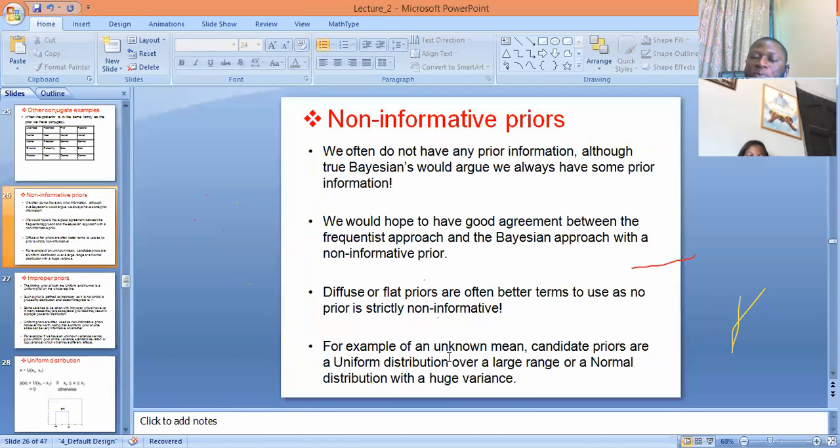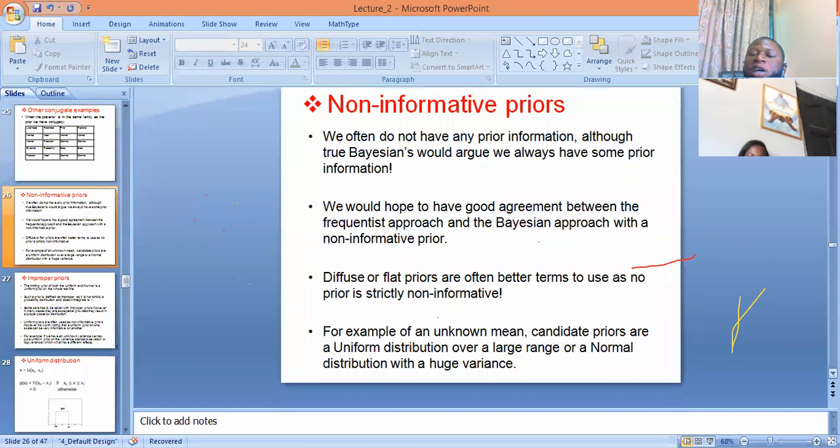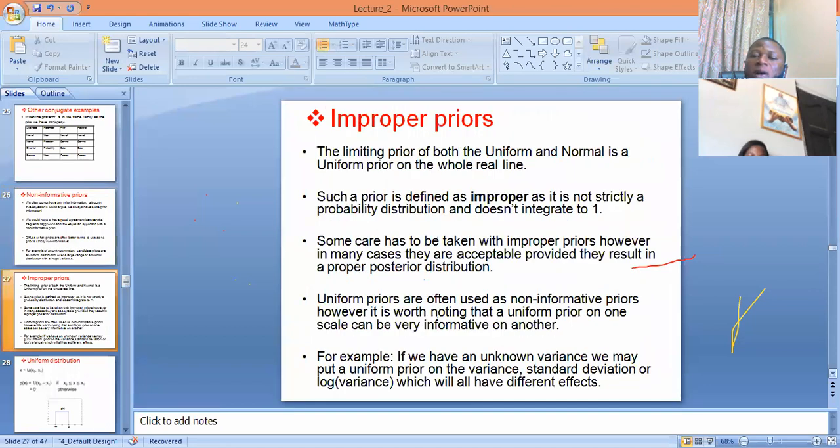So for example, if you have an unknown mean, you don't know the mean, candidate priors are usually a uniform distribution over a large range, or a normal distribution with a huge variance. And then we also have improper priors.